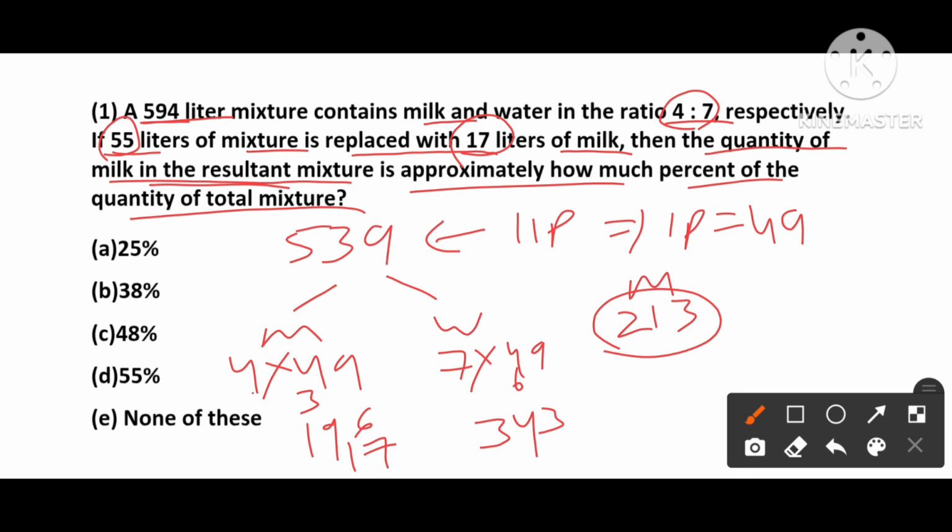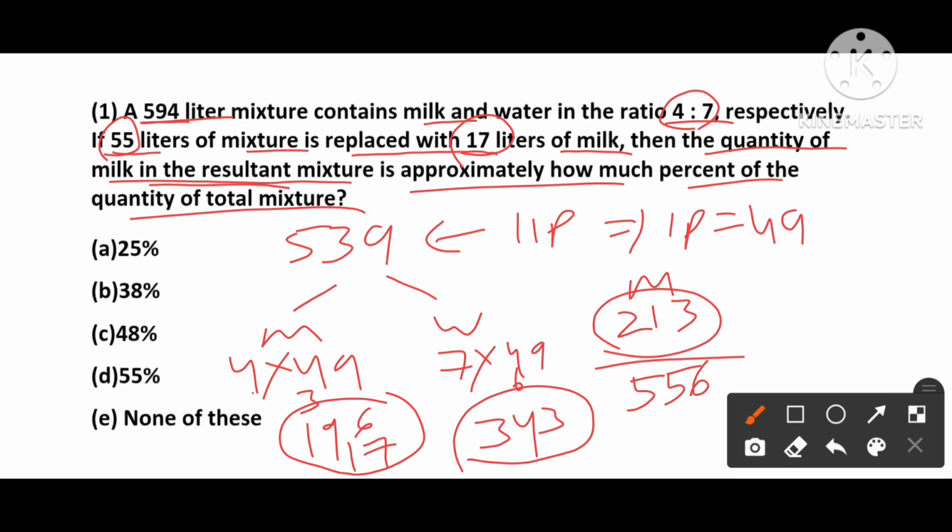Total mixture means here 213 and 343. So 213 and 343 will be total 556 and asking about percentage. So into 100. So we need to find the value of 213 divided by 556 into 100 and approximately.